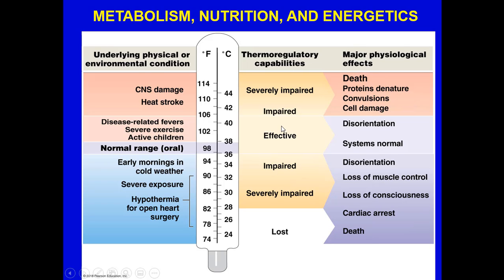You can end up with denaturing of proteins, convulsions, cell damage, death, if the CNS damage is too great because of things like heat stroke, okay? You can also do it the opposite way, having hypothermia, and you can end up with loss of consciousness, disorientation, and eventually leading to cardiac arrest and death, okay?